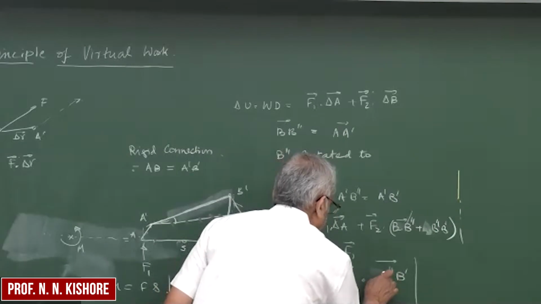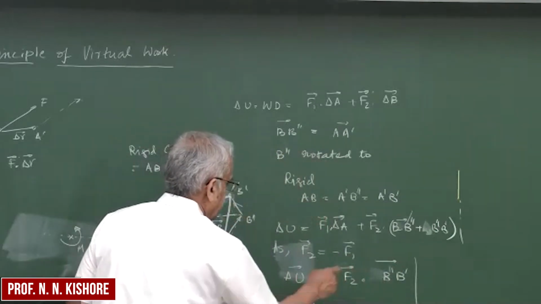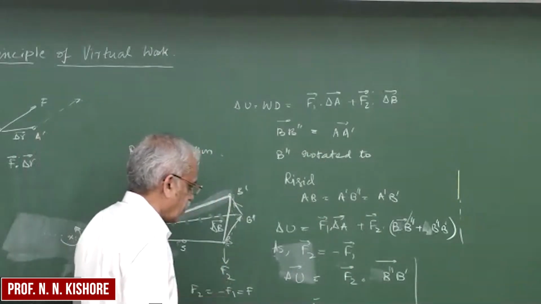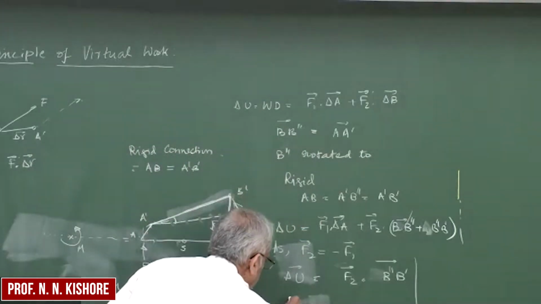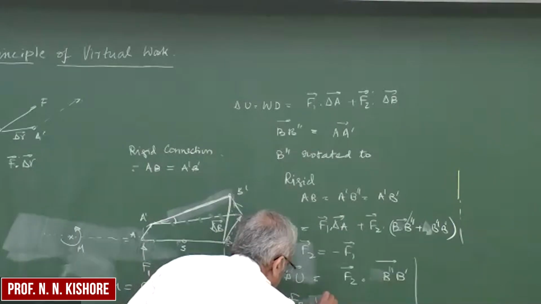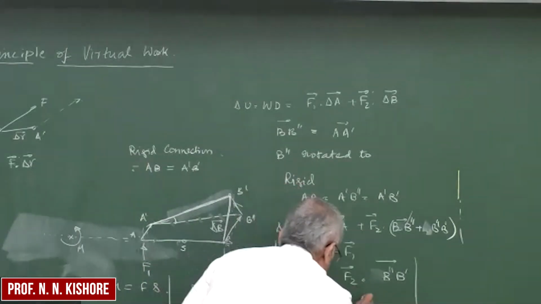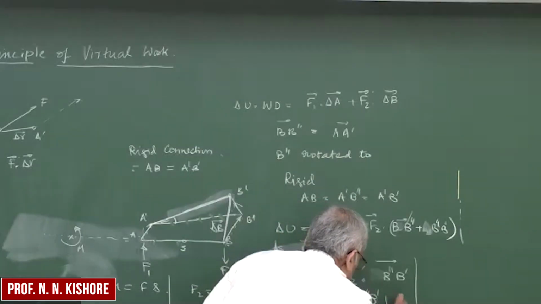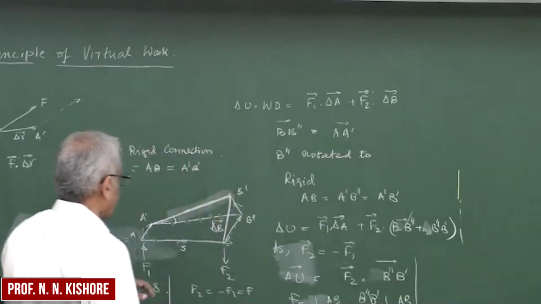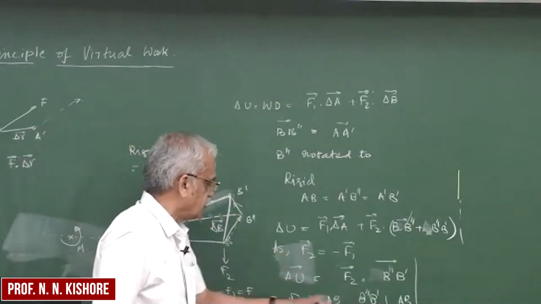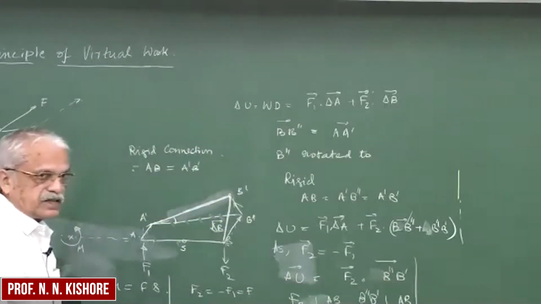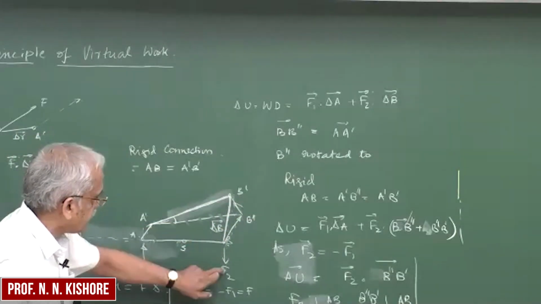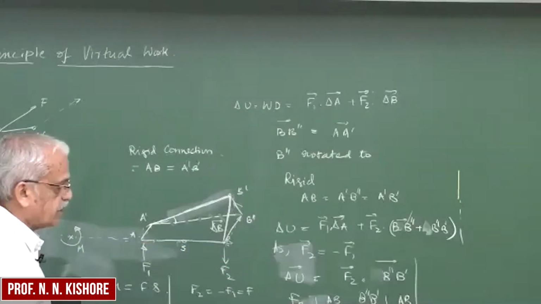As B double prime B prime is perpendicular to AB, and F2 is also perpendicular to AB, then since these are in the same direction, in the limit F2 and this one will be in the same direction.